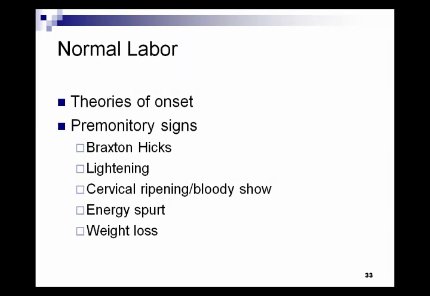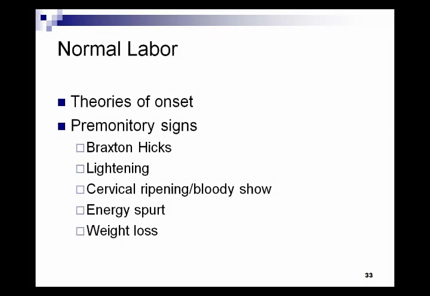So what are some of our early signs that she may be going into labor? Well, first of all, when we went over contractions, they get stronger as she goes through labor. Braxton Hicks, which is false labor, gets stronger and stronger, and that's why a lot of women show up thinking they're in labor, but it's actually false labor.